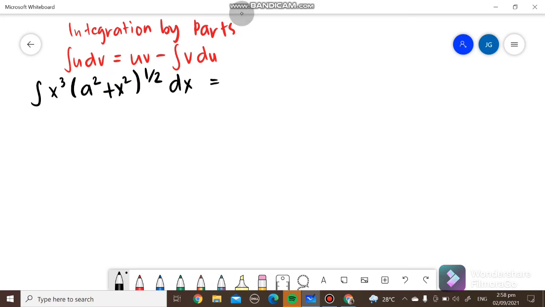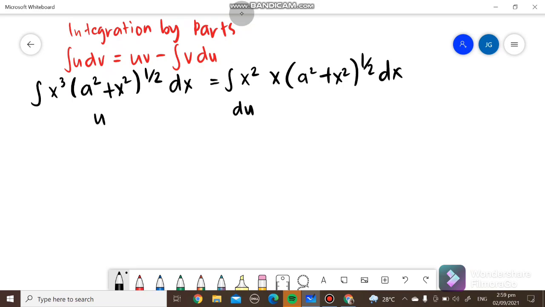So, ang mangyayari dito is that ang way ko is gaganituhin siya x squared tapos x multiplied by a squared plus x squared raised to 1/2 dx. That way, mas masasolve mo siya easier. Okay, so after that, we need to know the four values which is the u, the du, the dv, and the v.